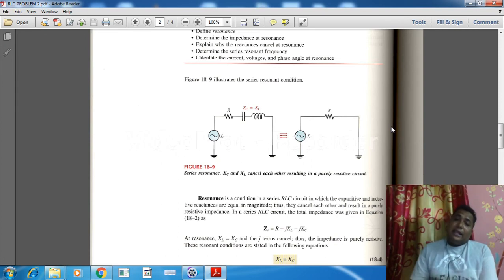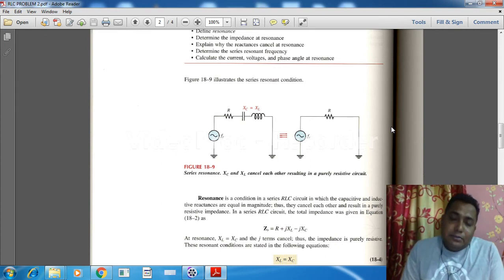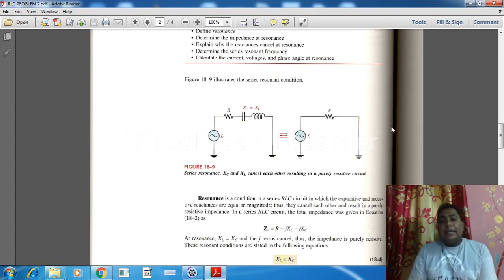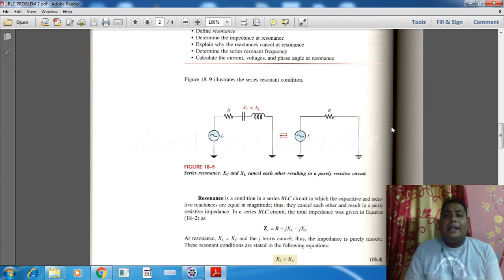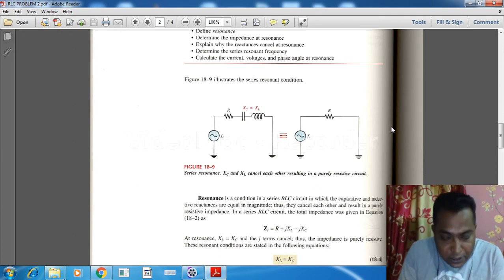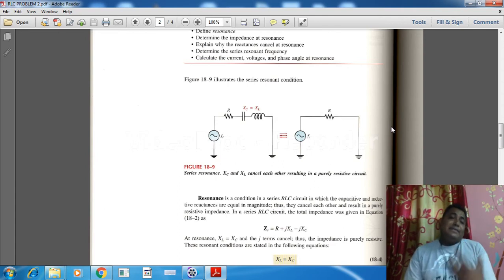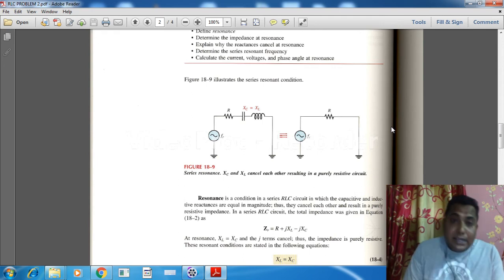As the XL value is equal to the XC value, the impedance value is minimum. If the impedance is minimum in any circuit, then the current is maximum.